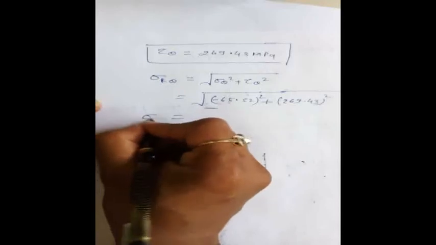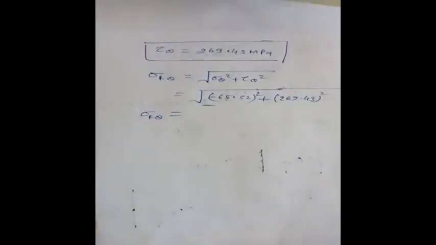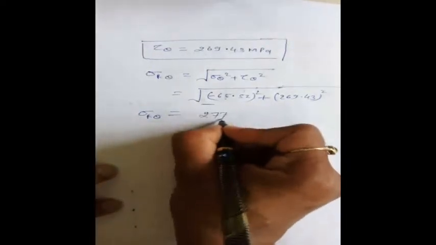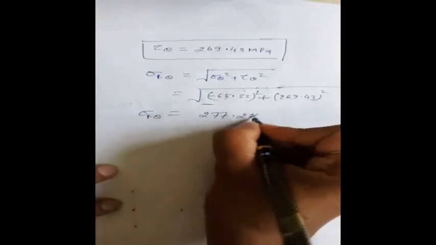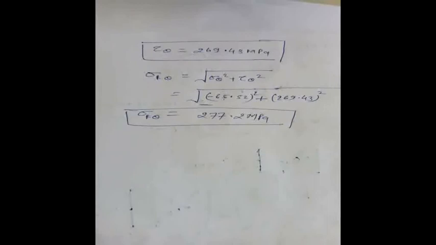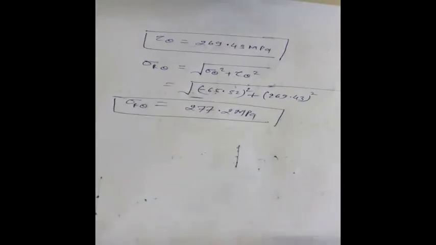If you calculate the resultant of this, you will find the value 277.2 megapascal. So this is the resultant of the 20 degree plane from the axis of 400 megapascal.